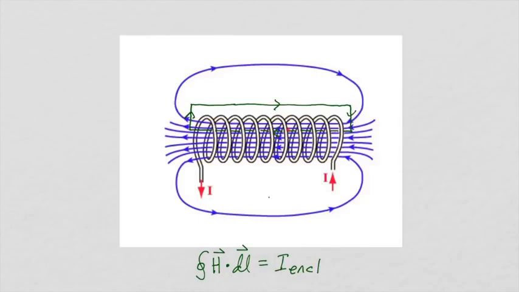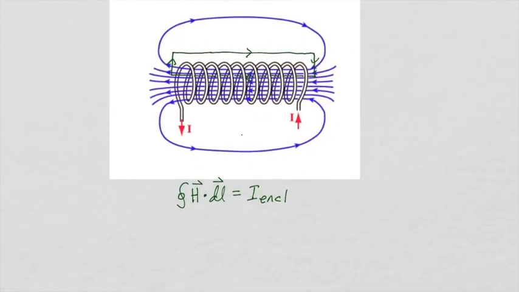When we're integrating along the path inside the coil, the integral of H dot dl will just be the value of H inside the coil times the length of the coil. So let's call the length of the coil L. When we're integrating the two ends, these path lengths are short and are pretty much perpendicular to the magnetic field, so H dot dl will essentially be 0 or close to 0, so we can ignore the contributions from the two ends.